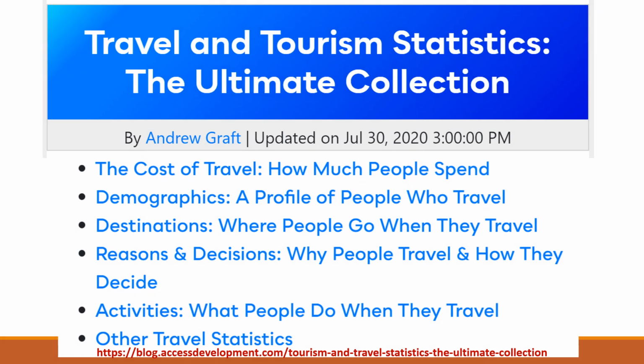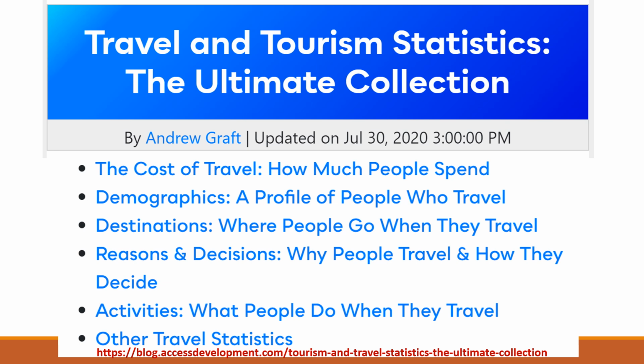Here is an example of a blog by Andrew Graft on Access that provides an incredible amount of travel and tourism statistics, and it collects them from a variety of different sources and then links you to those sources.